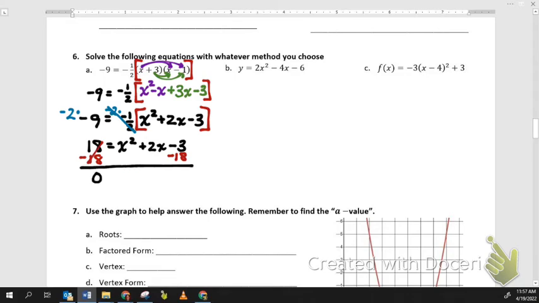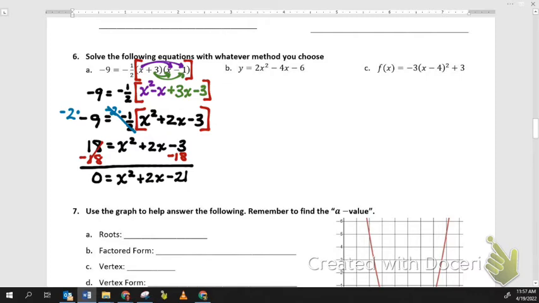All right, 0 equals x squared plus 2x minus 21. We've got a couple choices at this point. We have 3 algebraic solving methods. We can complete the square and solve it that way. We can try to factor it, or we can use quadratic formula.